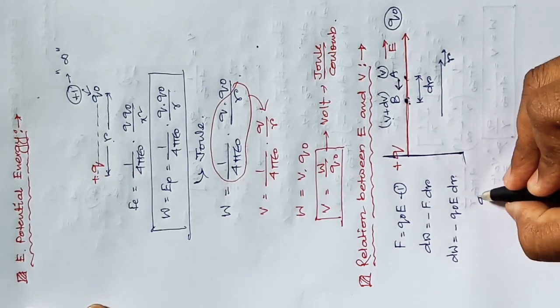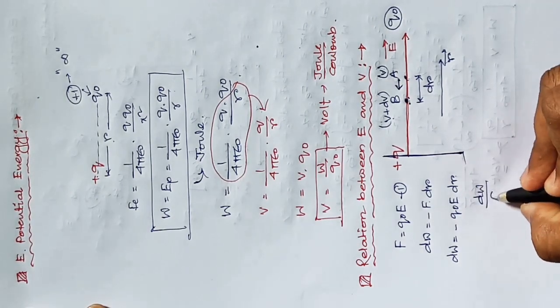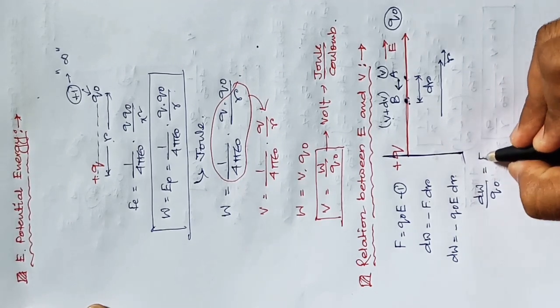So here we can write dW by q naught equals to E dr.